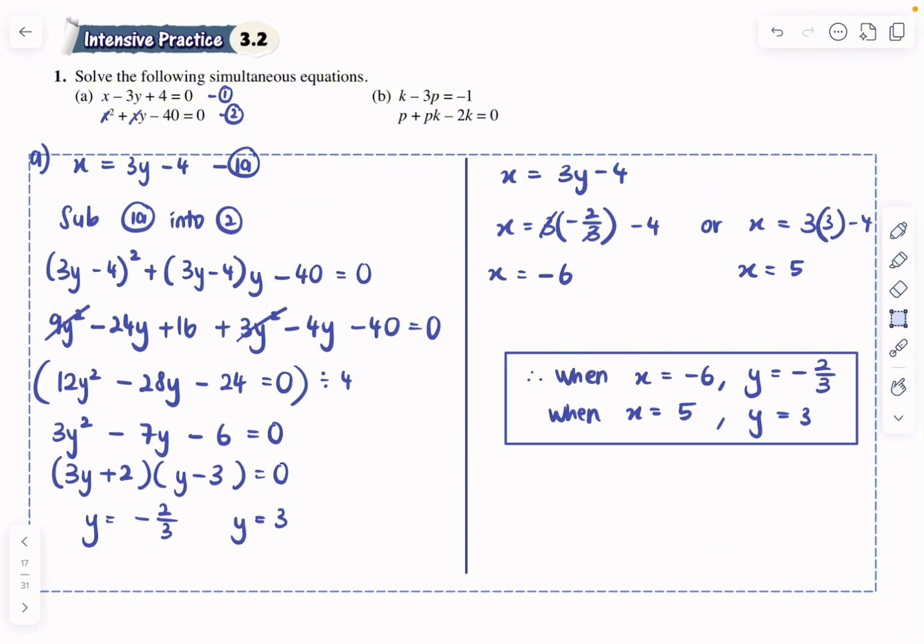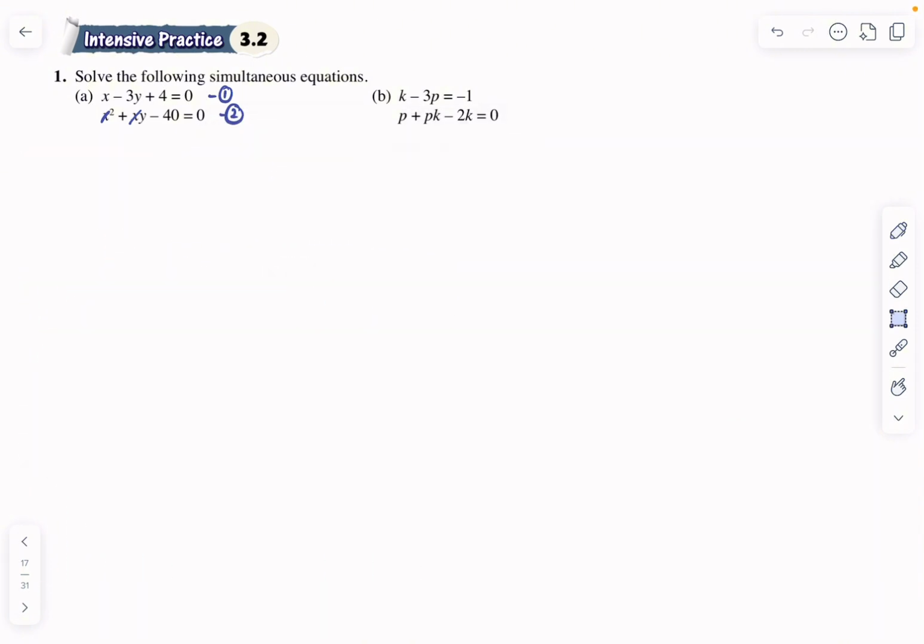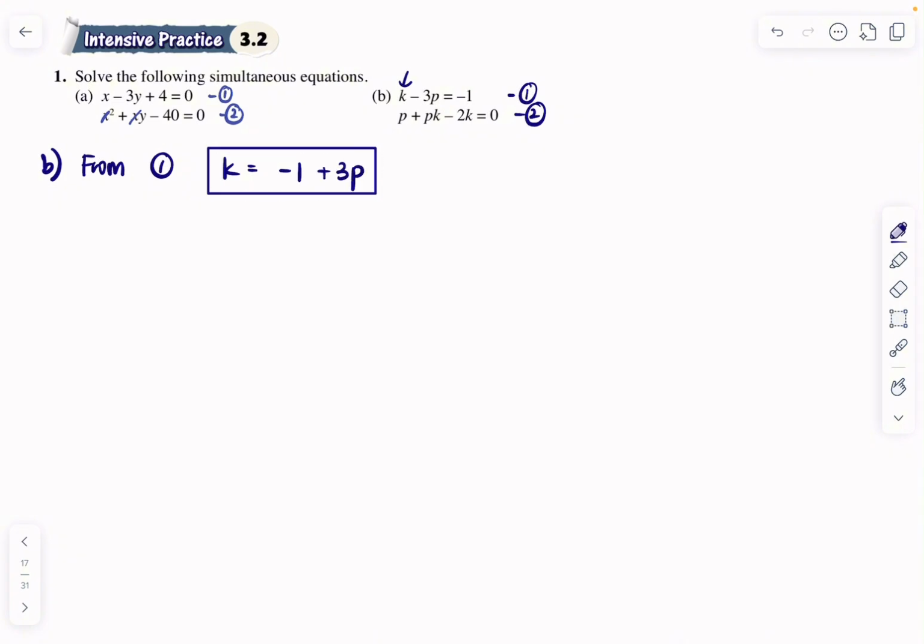Right, let's look at question B. So B also same, we can label this 1 and 2, and then from equation 1, we can make k the subject. So k is negative 1 plus 3p. We call this equation 1a.